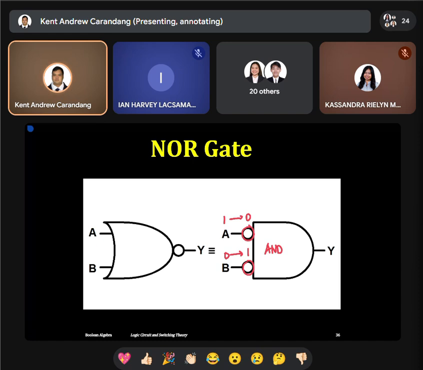Can anyone answer what is the AND equivalent for 0 and 1 as an input?